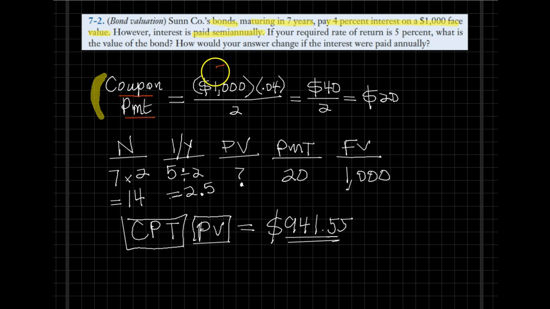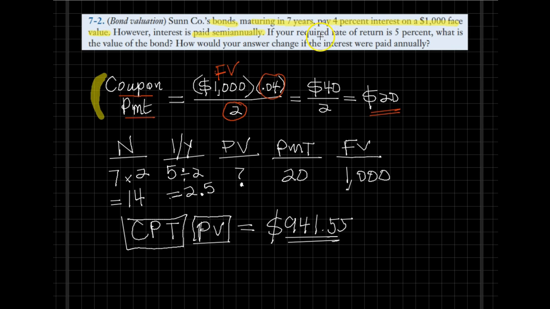The $1,000 is the face value. The 4% is the interest rate on the coupon, and because it is semi-annual, we'll have to divide it by 2. And making the calculation, we realize semi-annually the bond will pay its investor $20 every 6 months.